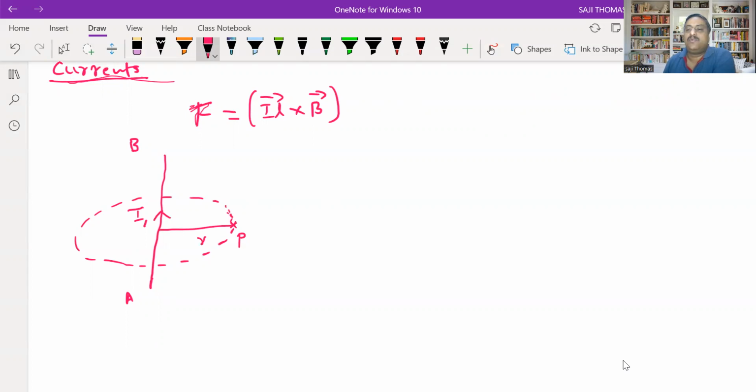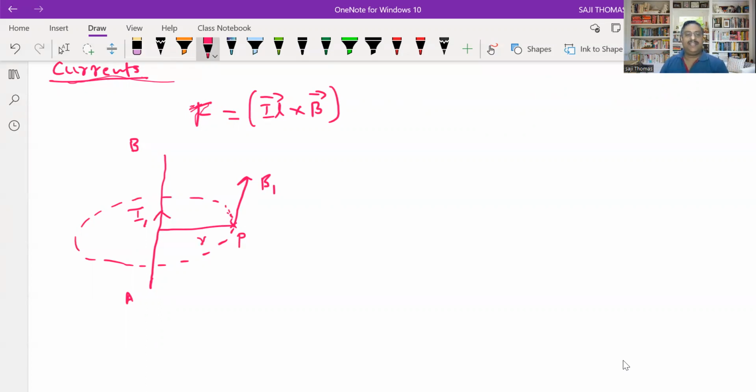The magnetic field will be directed into the plane of the paper. That I write as B1. This is by right hand thumb rule. Current upwards, magnetic field lines in the way in which the fingers curl. Okay, use right hand thumb rule.